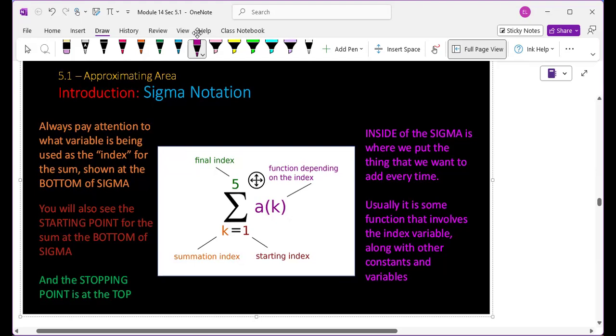So the summation index, we typically use K as this number. That's because very often we call the final index N because we're going to change that number a bunch, so we want to differentiate the two. N is typically the end point. K is typically the number that incrementally gets increased.